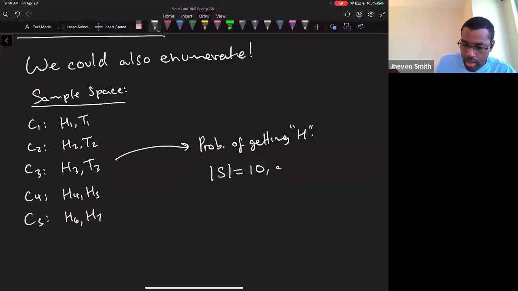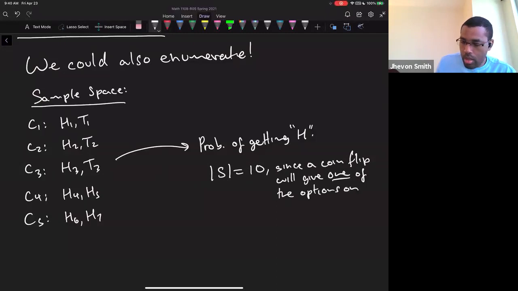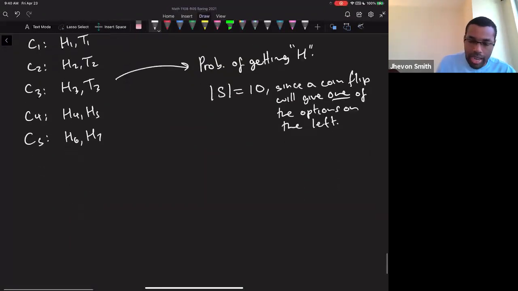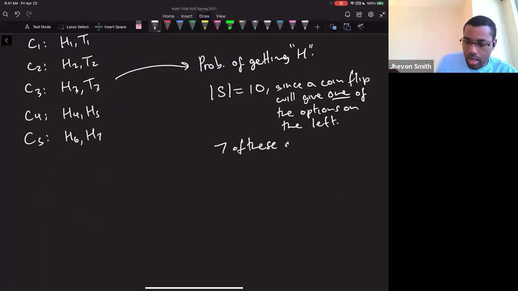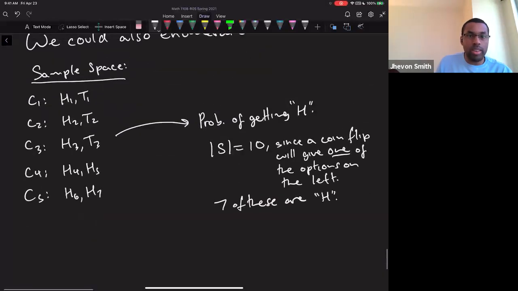The sample space is 10 since a coin flip will give 1 of the options on the left. And as I was numbering them, you can clearly see that 7 of those options are heads. Okay, there are 7 H's.